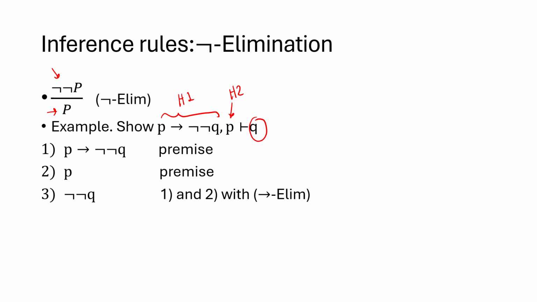Now what we want is Q. What we have is not Q, which is a perfect place to use the negation elimination. So from row number 3 and using this rule, we can get Q, which is the conclusion that we were after. So that's the end of this proof.